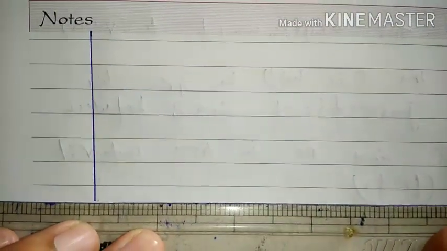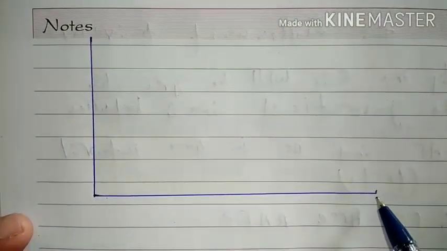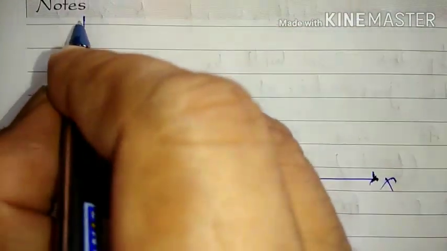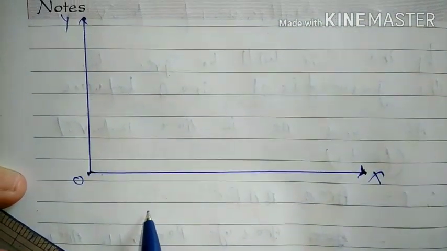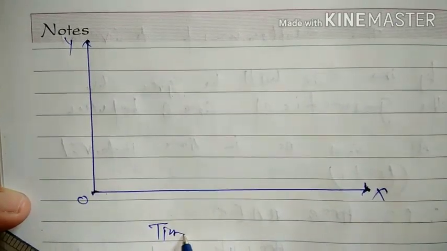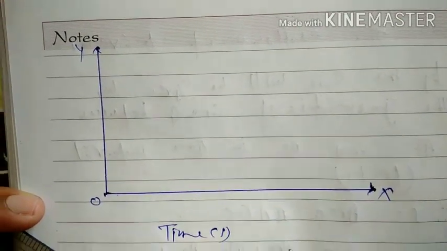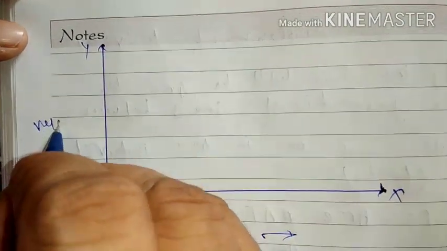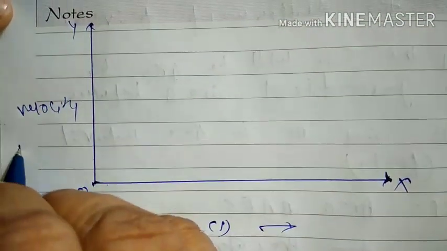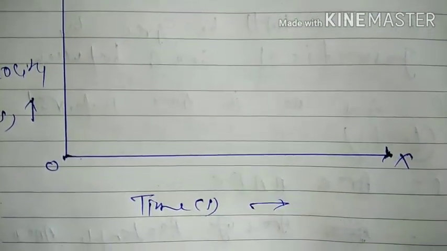This is our y-axis, this is x-axis, this is origin. The x-axis is also called the time axis. So time is given in second here and velocity is given in meter per second along the y-axis.